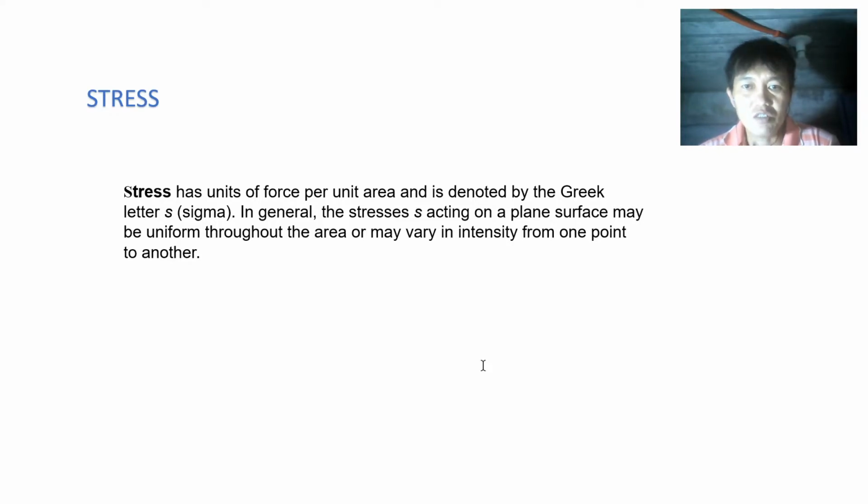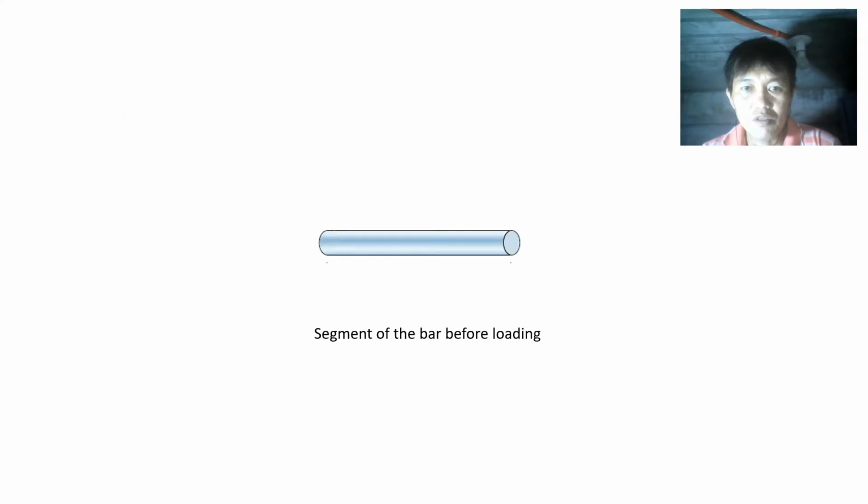In general, the stress sigma acting on a plane surface may be uniform throughout the area, or may vary in intensity from one point to another. So this is the segment of the bar before loading. This is an example. This is the segment of the bar after loading.